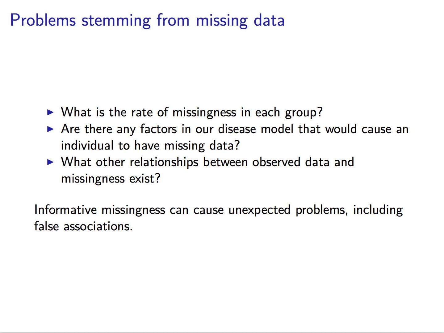This is something that you should actually think about when you're designing your study. If the answer to your question is yes, then you had a lot of missingness, your analysis might be doomed if you haven't already compensated for it somehow in your study design. Also, what other relationships between observed data and missingness exist?